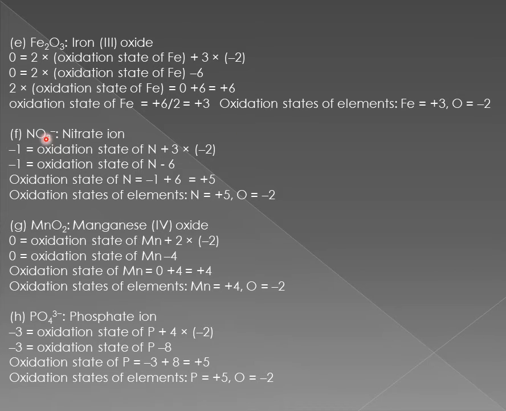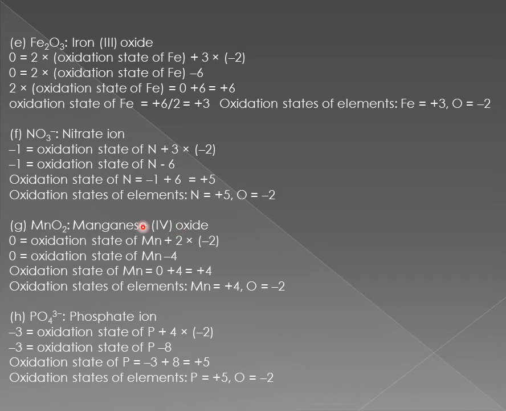Next, nitrate, -1. So the charge of the species is -1, equals the oxidation state of nitrogen, which is unknown, plus 3 times -2 of oxygen, which is -6. The -6 will move to the other side, it will be +6, so -1 plus 6 equals +5, so nitrogen is +5, oxygen -2.